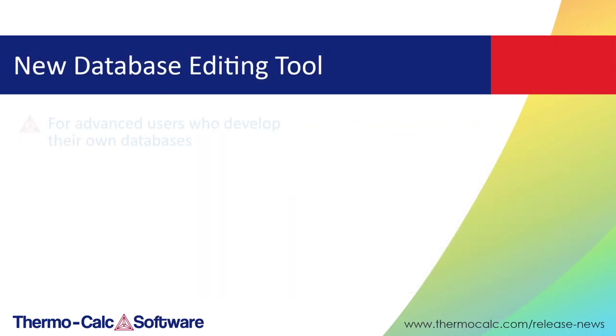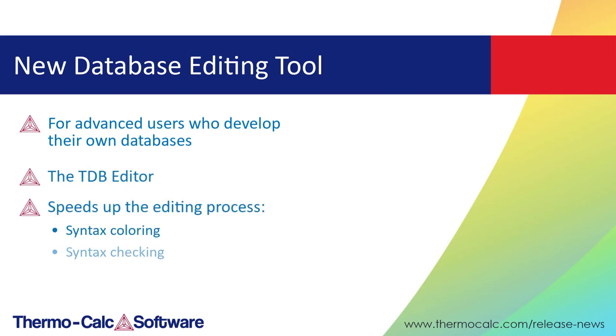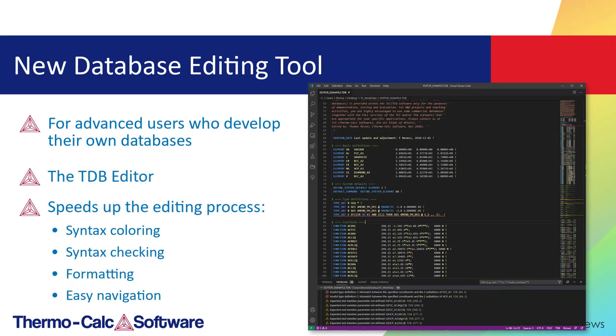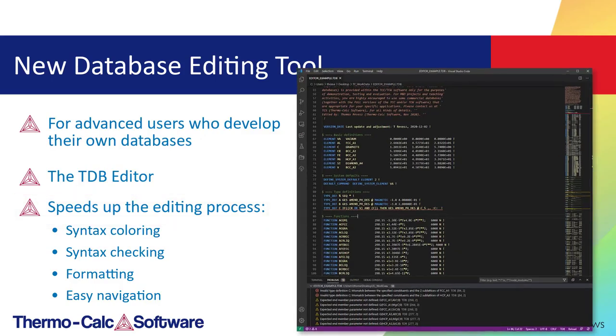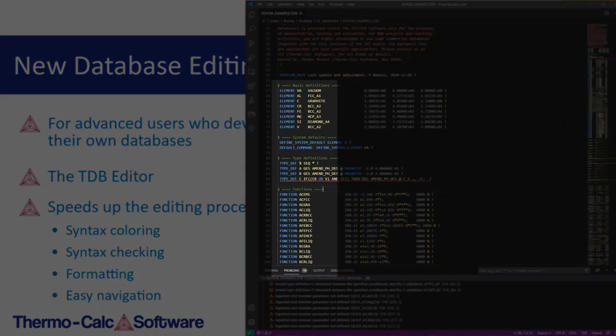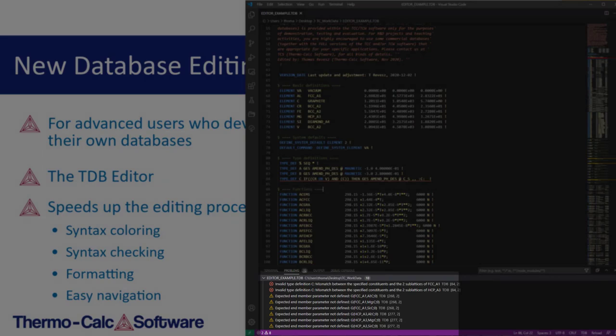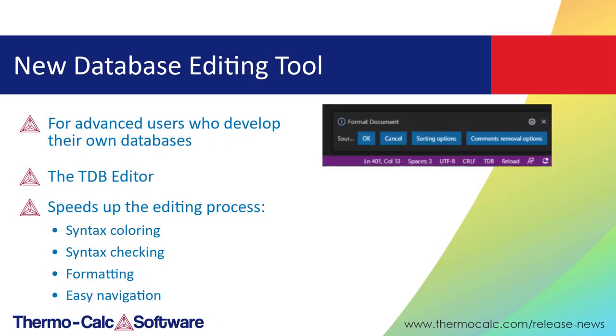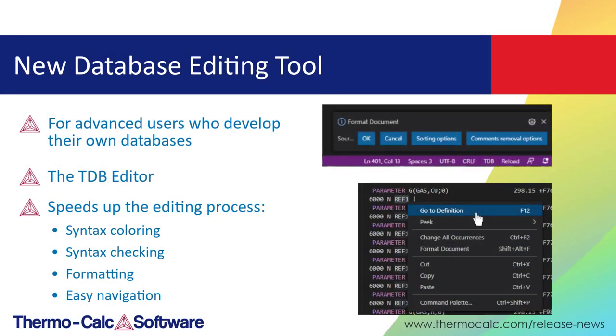For users who develop their own databases, a new database editing tool is introduced in Thermo-Calc 2021a, the TDB Editor. This tool speeds up the database editing process by providing immediate feedback through syntax coloring, syntax checking, and by allowing formatting and easy navigation to items of interest in the TDB file.